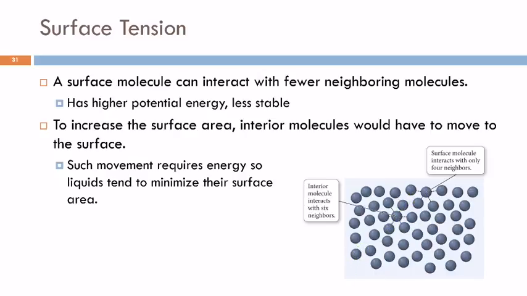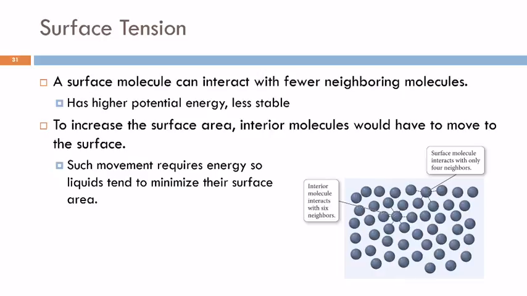If we're going to increase the surface area, that means we have to make some of these interior molecules surface molecules, right? In doing so, we're going to disrupt these forces of intermolecular attraction. That requires energy. Nature wants to minimize energy. It minimizes energy and maximizes attractions by making the smallest surface area possible.